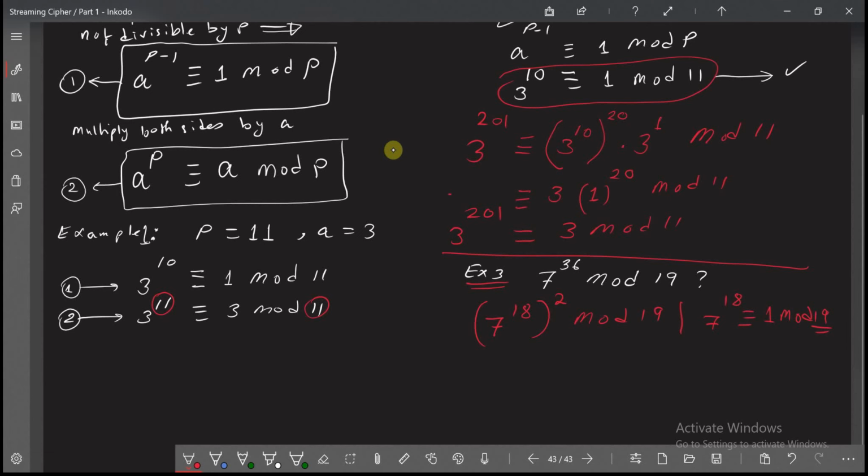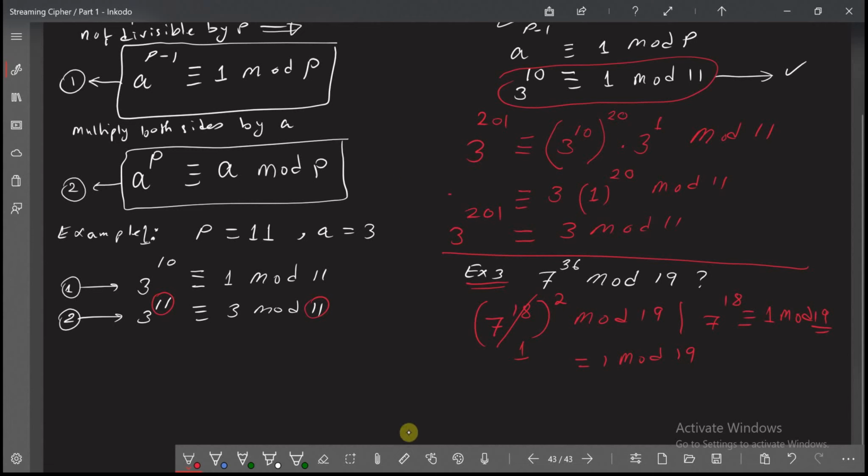So this will be 1 according to Fermat's theorem. 1 squared will be 1, so the answer to this one is going to be equal to 1 mod 19.